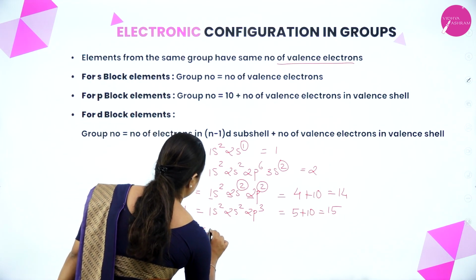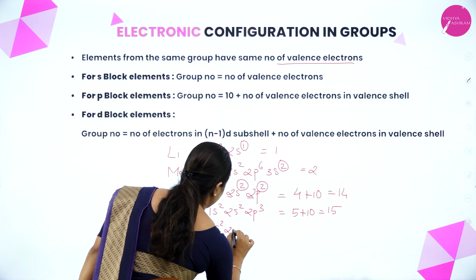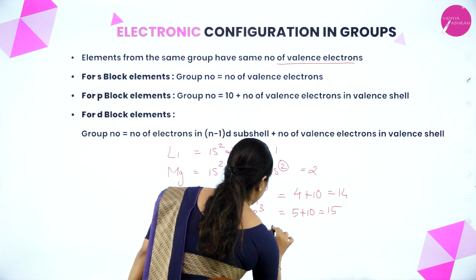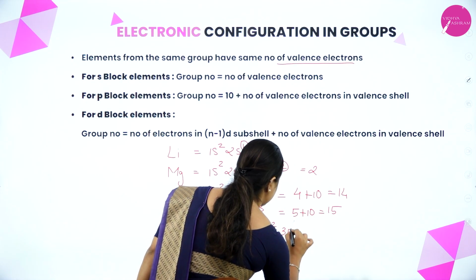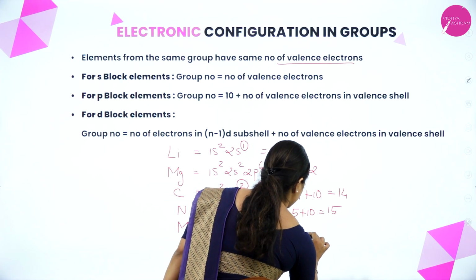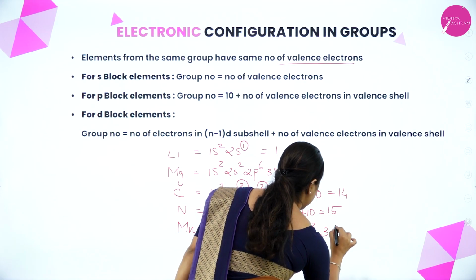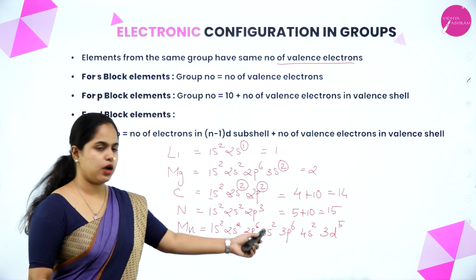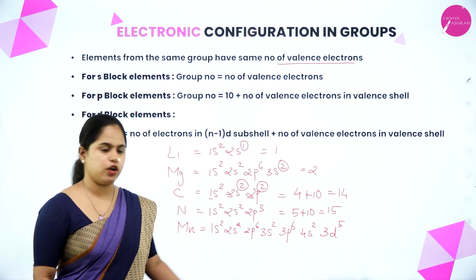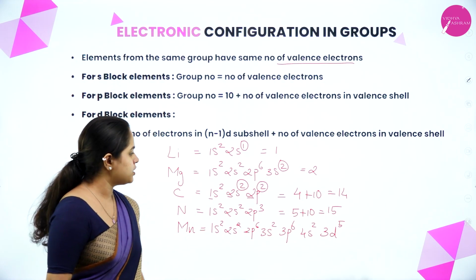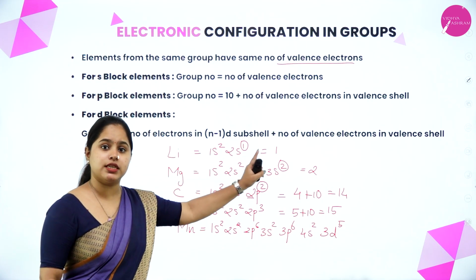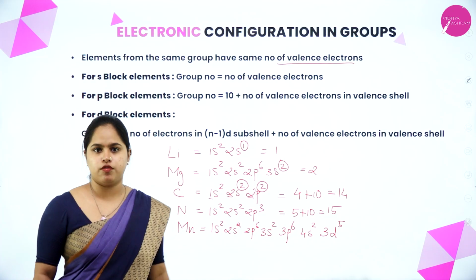How do I represent it? 1s2, 2s2, 2p6, 3s2, 3p6, 4s2 and 3d5. This is the electronic configuration of manganese.